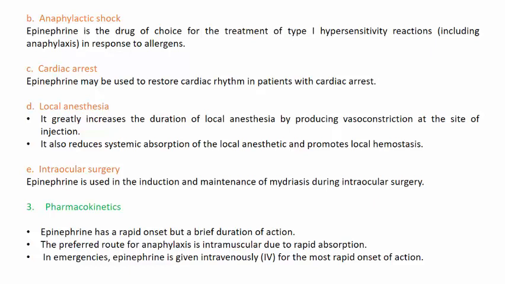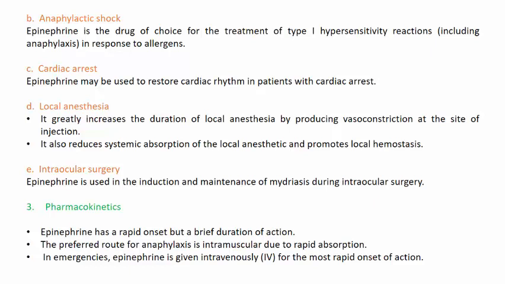So low concentrations of epinephrine are added to local anesthetics because it helps increase the duration of local anesthesia by producing vasoconstriction at the site of injection, and it also reduces systemic absorption of the local anesthetics and promotes local hemostasis.